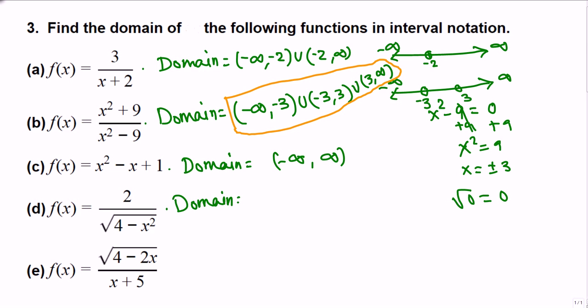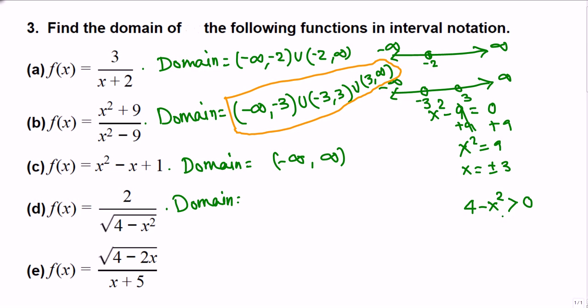So 4 minus x squared should be strictly bigger than 0. Just for the square root it could be bigger than or equal to 0, but this is on the bottom, so 2 over 0 is not good. So we should not write the equal to sign.